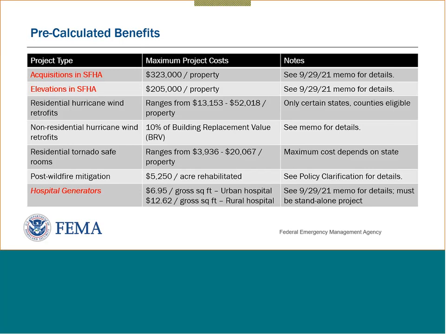And basically it's the project costs have to come in under a dollar figure that is either $6.95 per square foot for an urban hospital or $12.62 per square foot for a rural hospital. And again, those calculations will be building specific. Next slide, please.